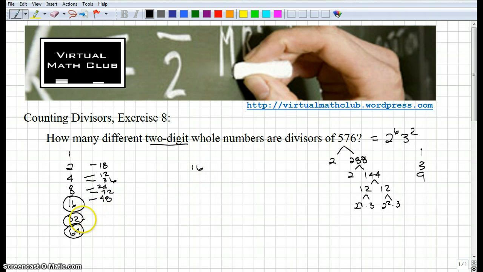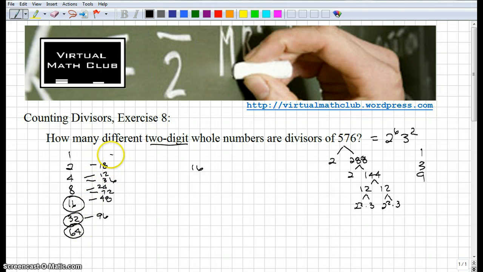Alright, so let's look at 32. 32 times 3 gives you 96, right? And 32 times 9 is too big. Now, 64 times 3 is too big, and so 64 times 9 is too big. So there we go. We got them all, I think. So I can circle them.